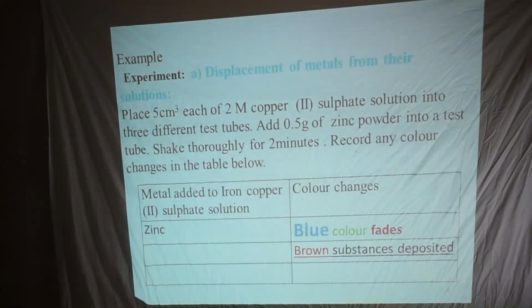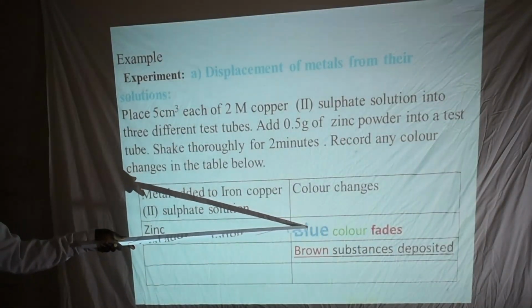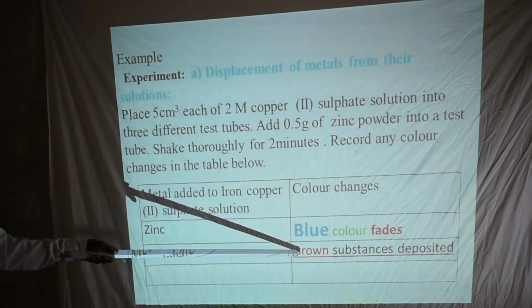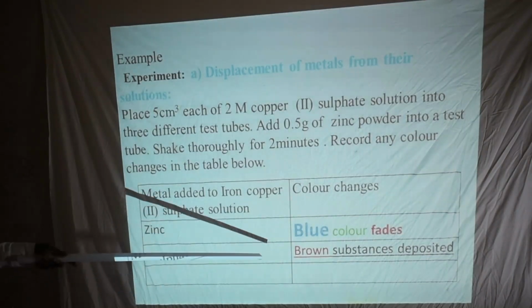So it is evident that there is a chemical reaction because it changes from blue to colorless. At the same time, you will find that a brown substance is deposited.